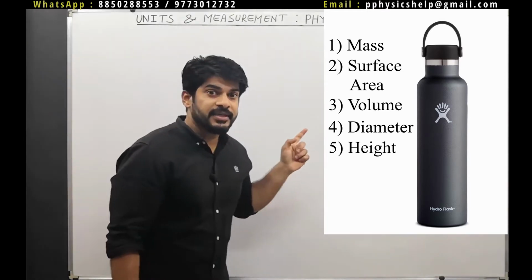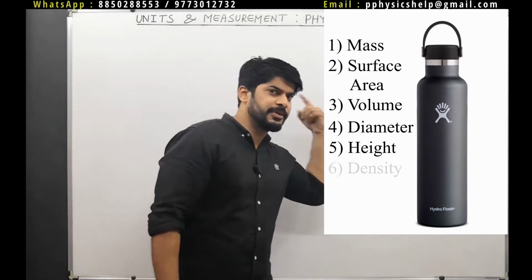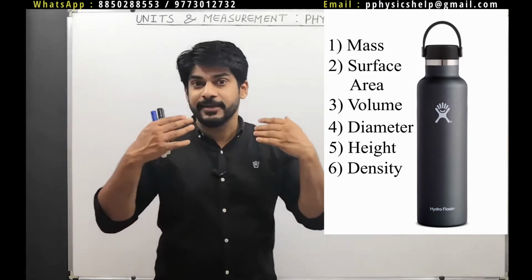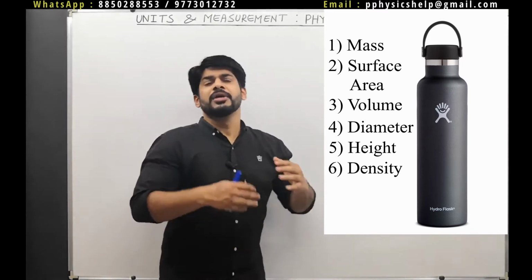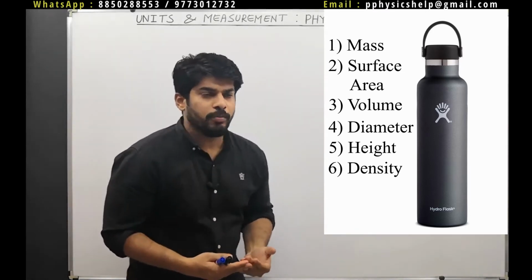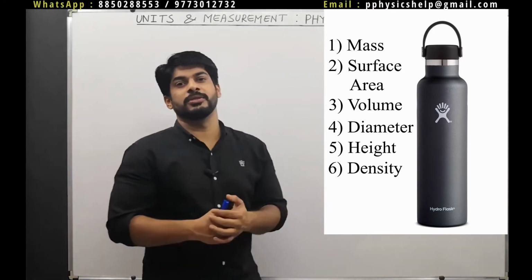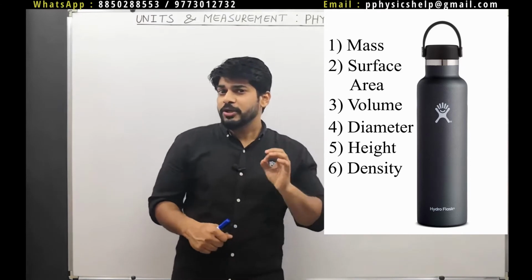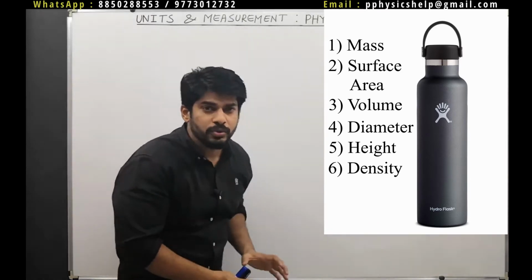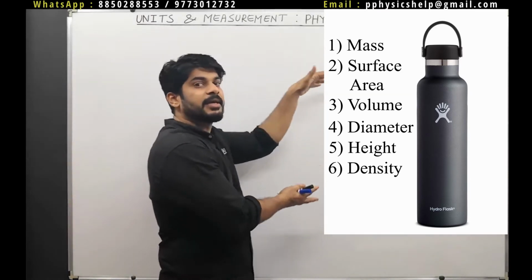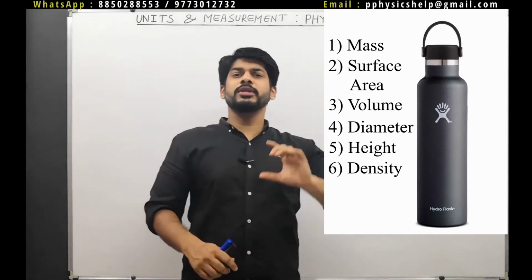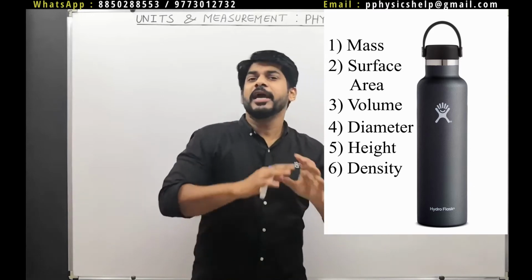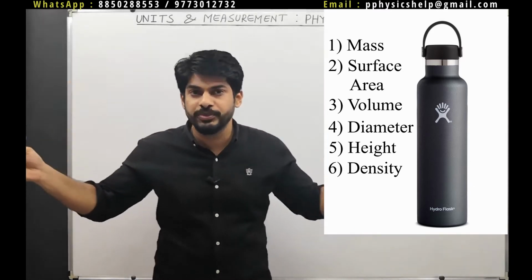There is a liquid inside it, so it must have some density. So what is that density? I need to talk about that also. In this way I need to talk about a lot of things if I have to completely describe this object. And it's not only about this bottle, there can be many such objects.